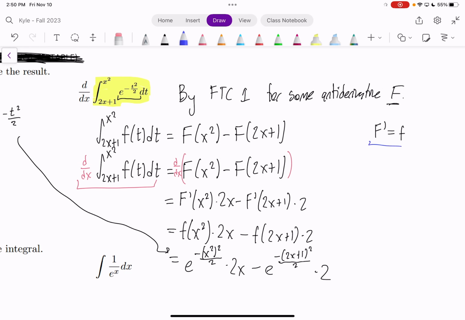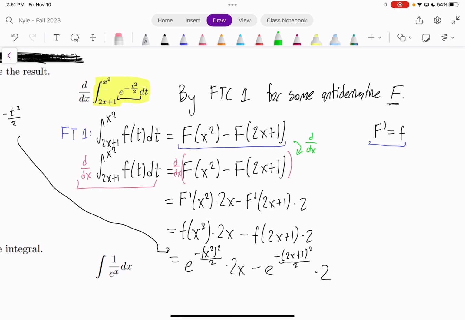And then we lucked out. We got only F primes, and F prime is what we actually know. Big F prime is our little f, the integrand. So we substituted that back in right here, and then we just plugged in our function here.